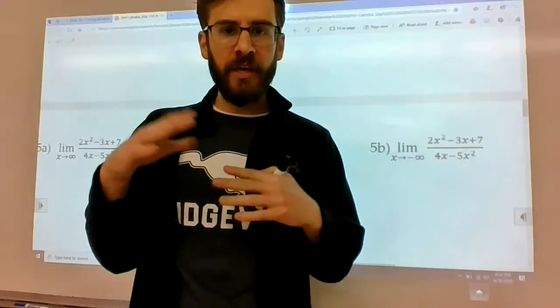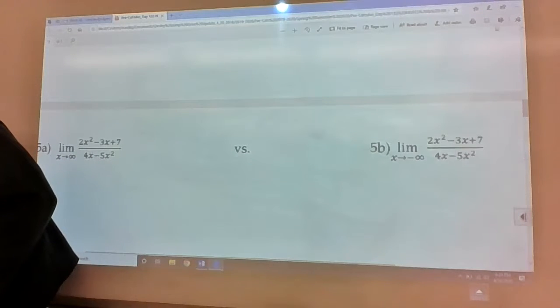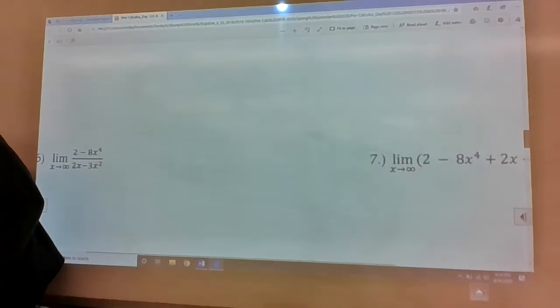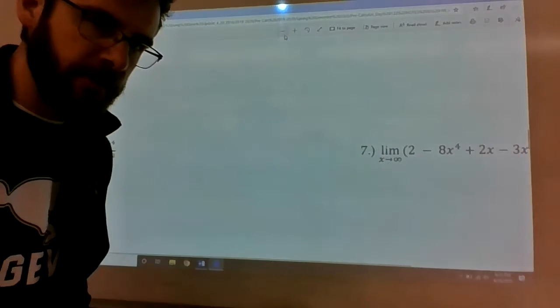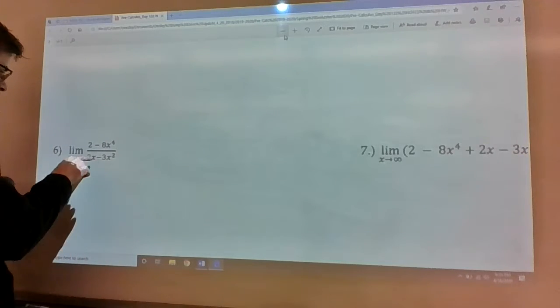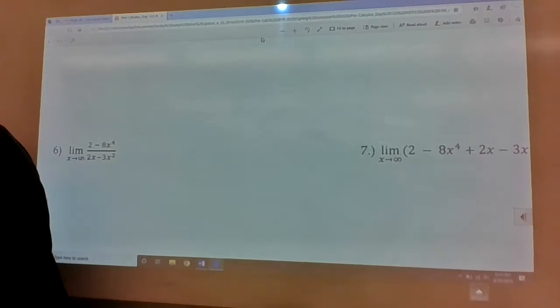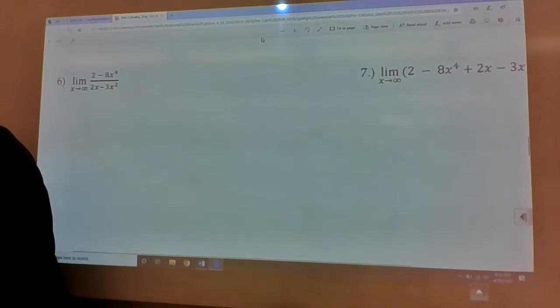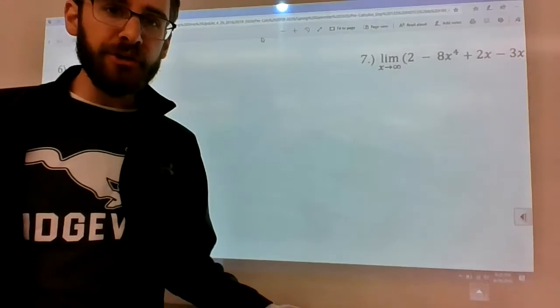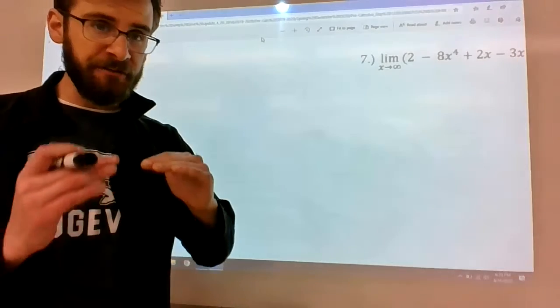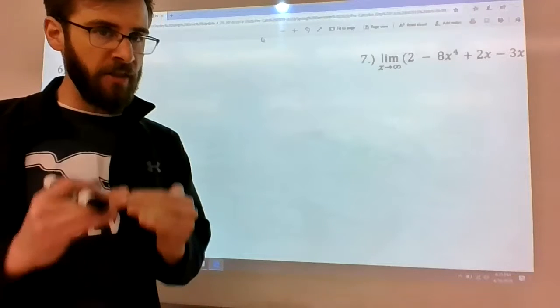If they're different, you can't use that shortcut. So in number 6, they're different. So you can't use that shortcut. But you can use the process of dividing by the biggest power on the bottom.